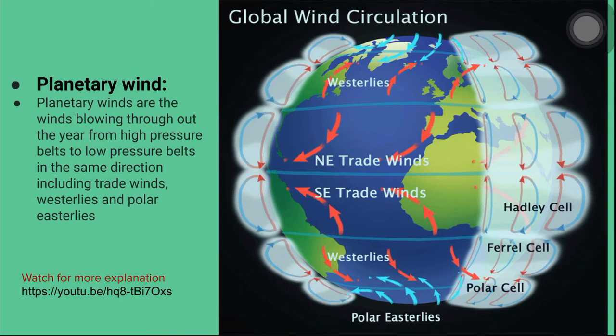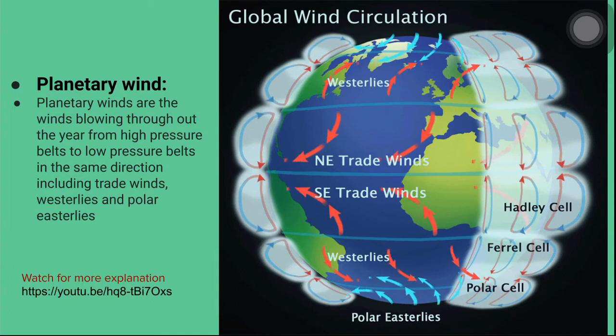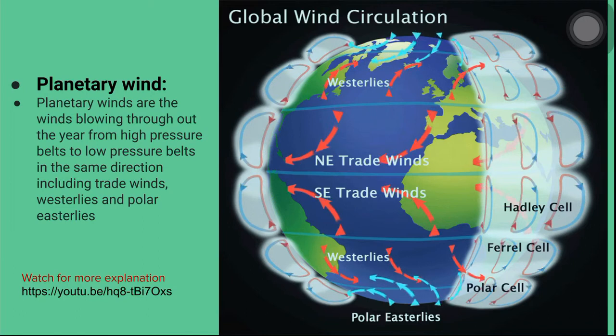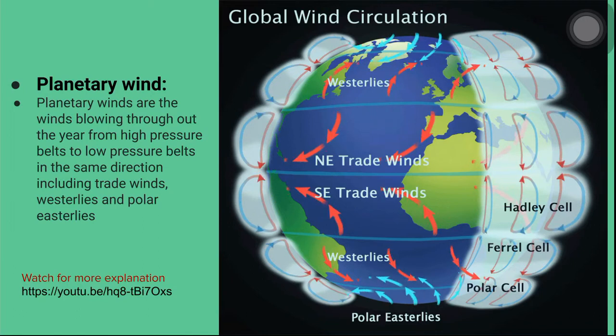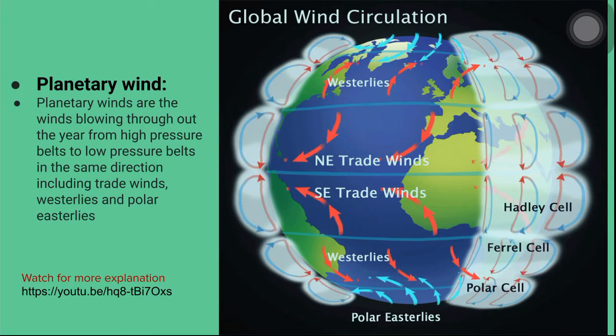So the Ferrel Cell rises at 60° north and 60° south. These winds are known as westerlies. Why are they called westerlies? Because these winds are blowing from the west.